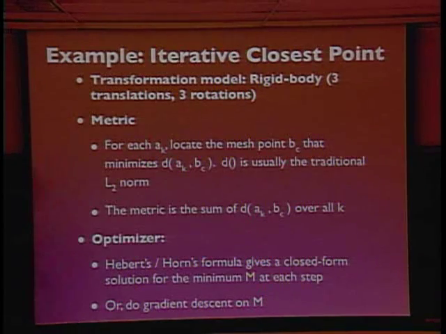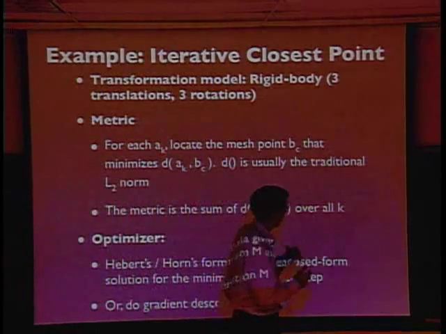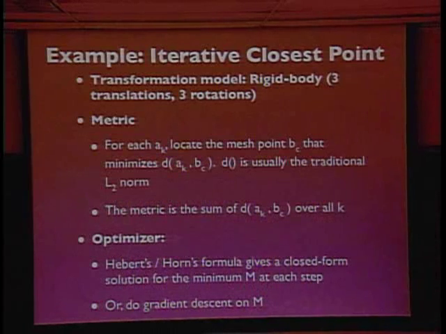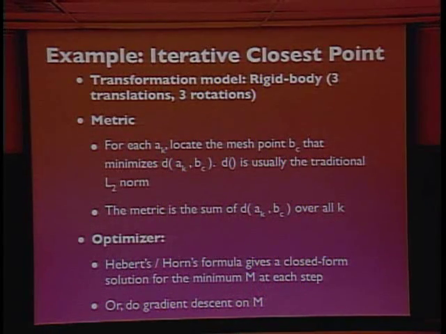And the metric is to simply sum up that closest point distance over all points in the moving mesh. And the optimizer takes a step-by-step approach, where in the first iteration you identify the point on the fixed mesh that is the closest point to your point on the moving mesh, and you do that for all points on the moving mesh.